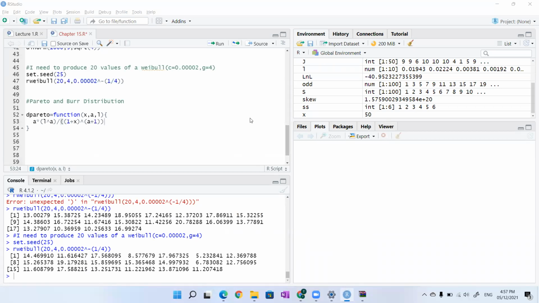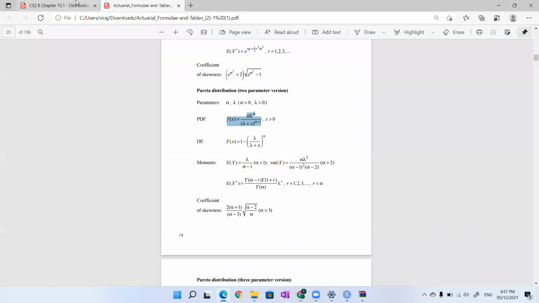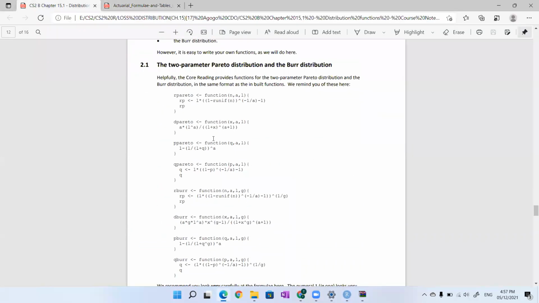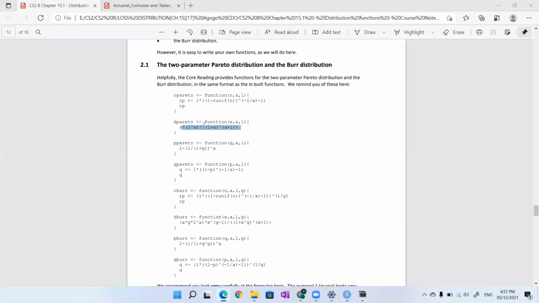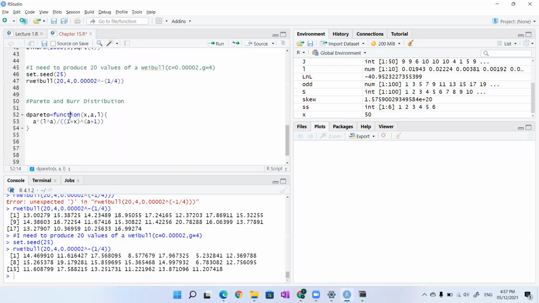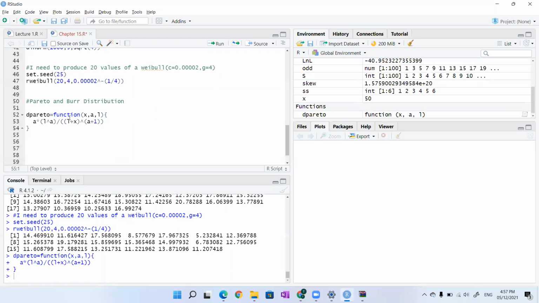This becomes your D Pareto function. You can even use this as a D Pareto function. I have written the same thing, I have not done anything else. It is not 1 here, it is lambda L. But this becomes your D Pareto function.